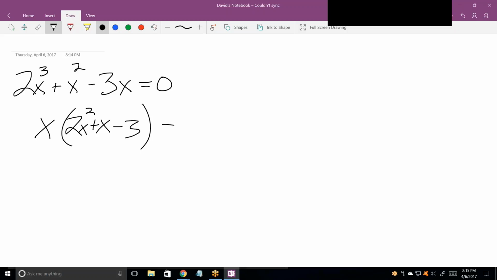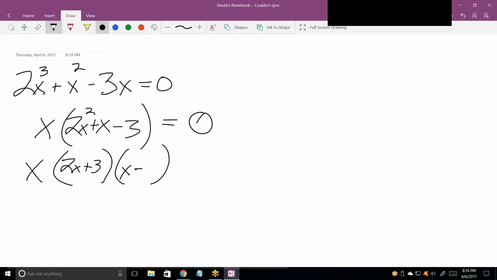Now let's see if we can factor that. Well, it's clearly 2x and x. What are the signs? Plus 3, or 2x plus 3 and x minus 1. Yeah, well, when I said what are the signs, they're opposite. That's what they are. Now, in this case, I don't necessarily know which is which. Plus minus is not the same as minus plus, and you have to be aware of that when you're factoring.